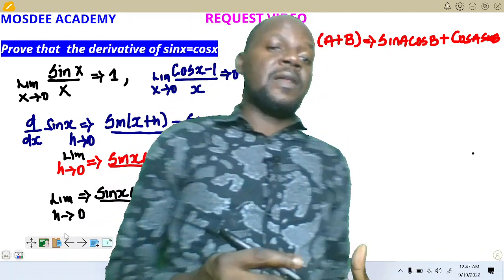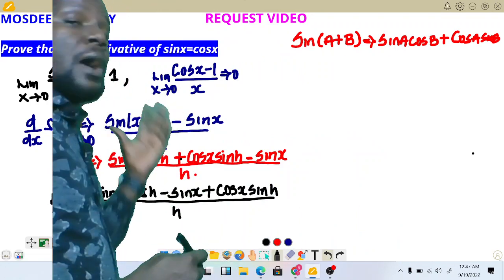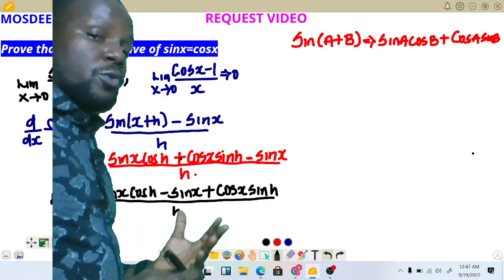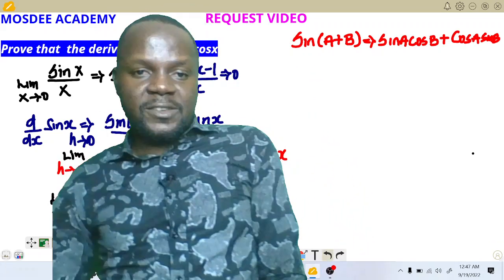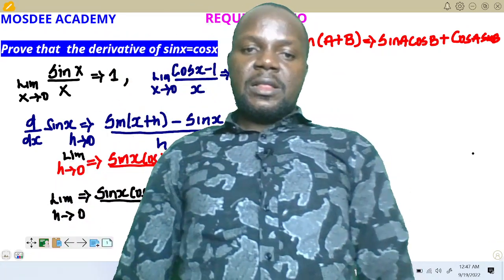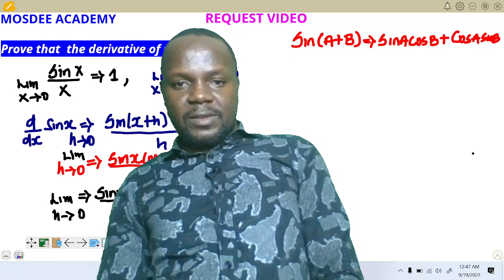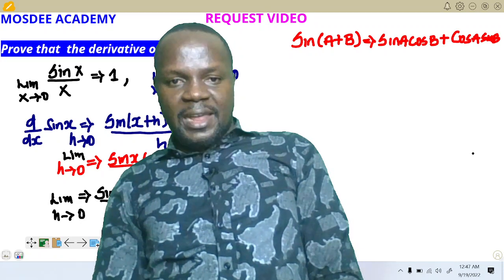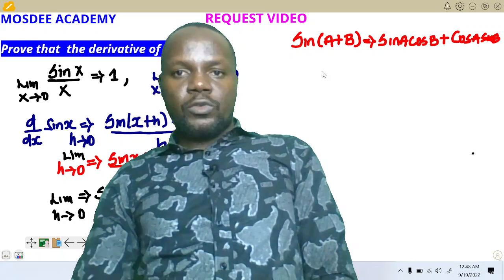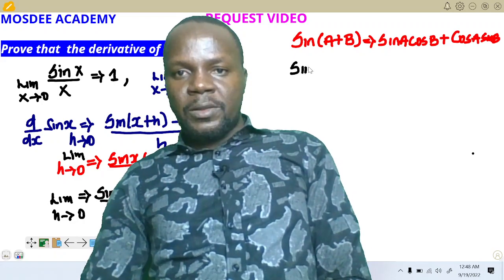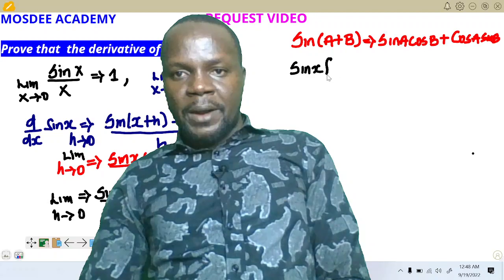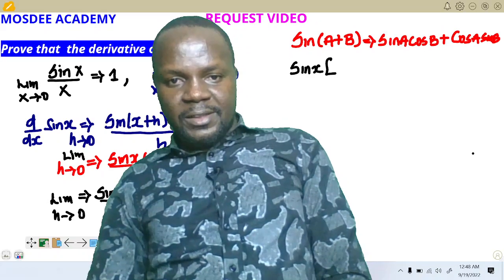Now, the next thing I do here is just to make sure I factorize. So let me factorize this. I hope you can see. Now factorizing this one, this and this, you can see, is like putting this and this in brackets. Sine x is common. So I'm going to open the bracket and factorize this line.